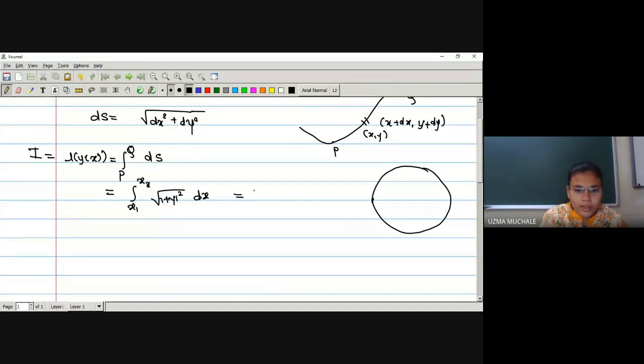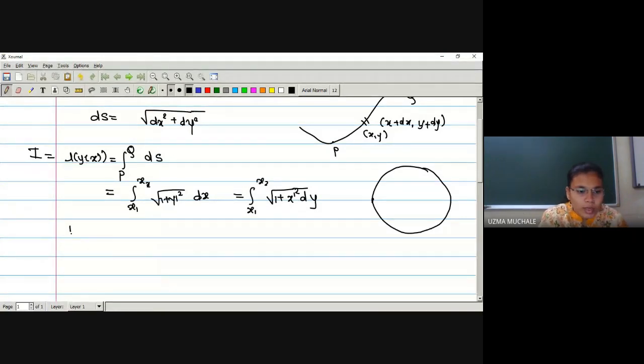I also told you we can do this another way: instead of taking dx common, we can take dy common, and get the integral of the square root of 1 plus x dash squared dy. So this is the distance between the two points P and Q using the distance formula.